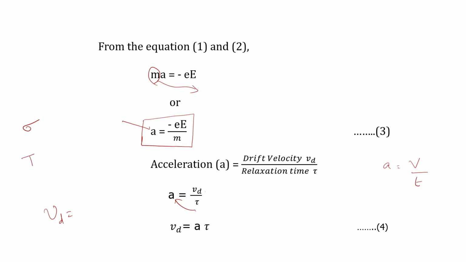the current density is the important parameter. The formula for current density is J is equal to n minus e Vd. In this, Vd is very important. That is why we have derived it here. Vd is equal to a into tau.